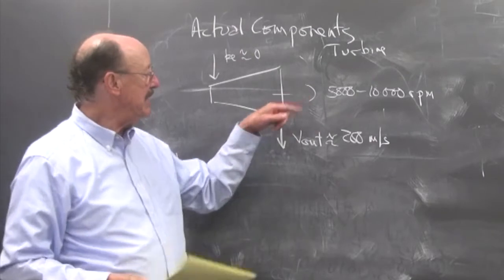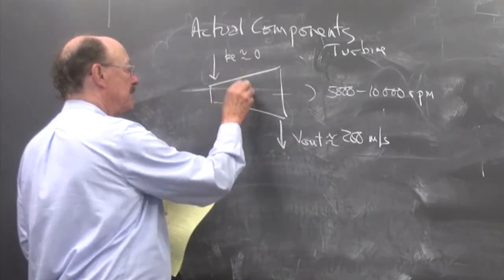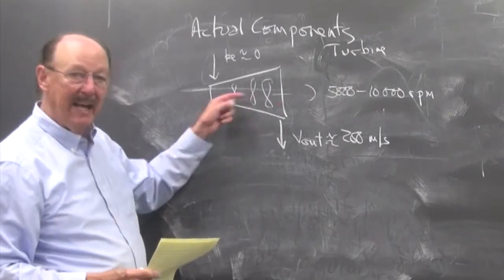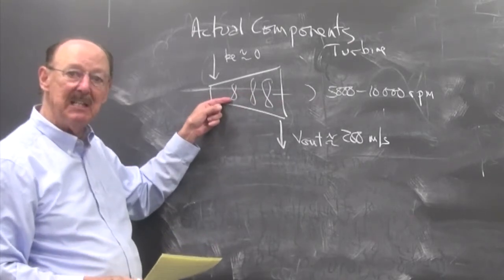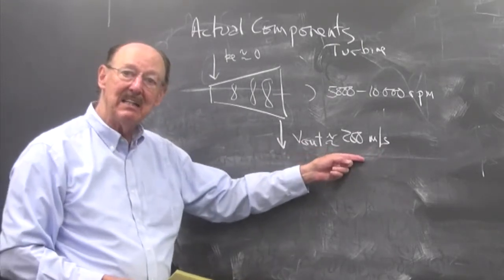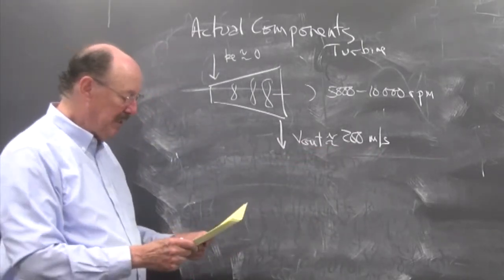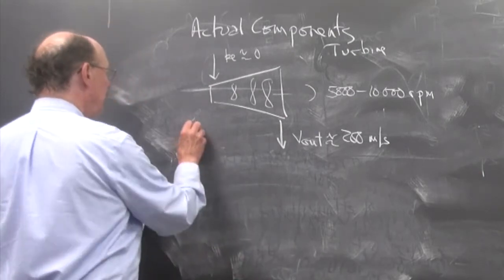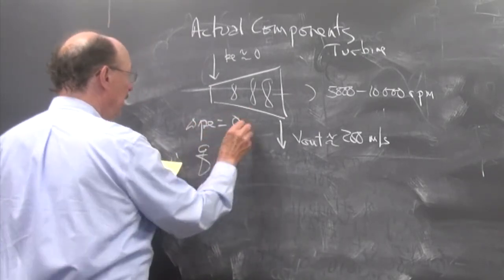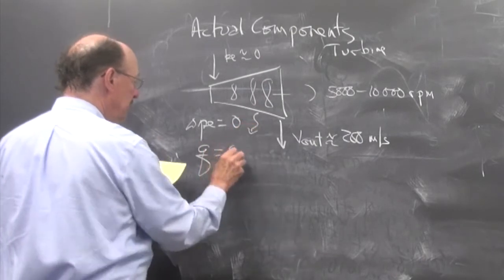Because the blades are spinning around, right? We have the blades in here. So they're whipping around. And so I need an exit velocity so the steam can get out of the blades. So very often there'll be a velocity leaving the turbine, which could be at this level. And delta PE is effectively 0, and any heat loss, Q, is equal to 0.